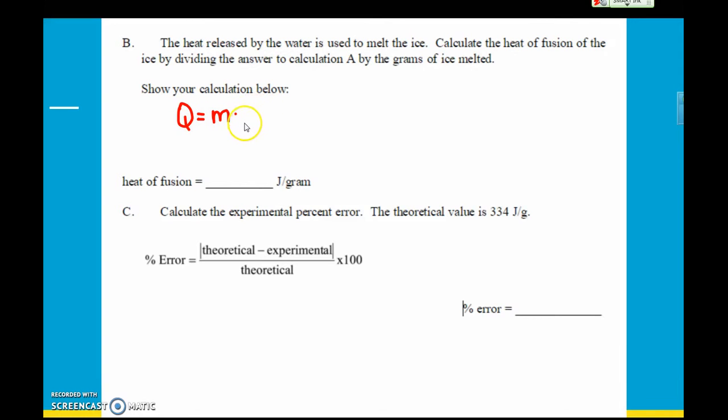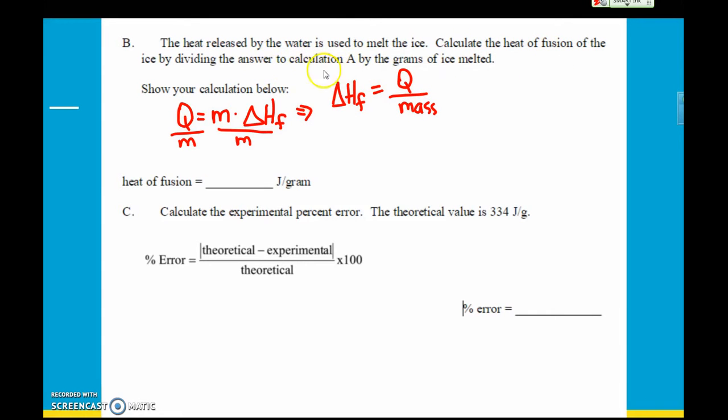You still do the mass, except you do something called heat of fusion. And we're actually solving for heat of fusion here. So we're going to rearrange this equation. If we want to solve for heat of fusion, then we need to get it by itself. So we're going to divide both sides of this equation by mass. So we are going to do Q over mass.